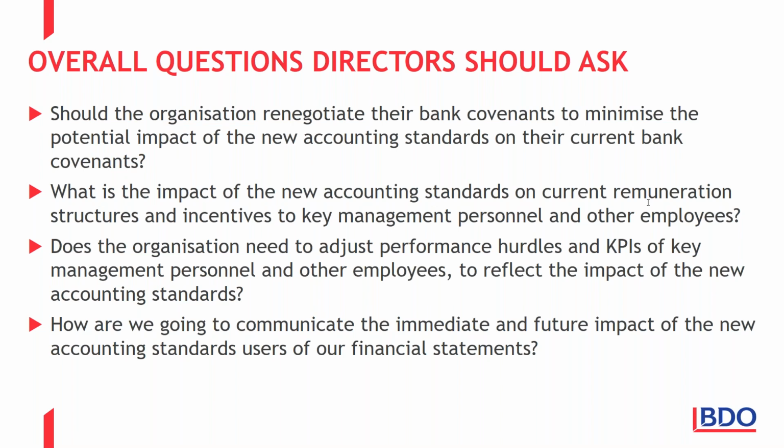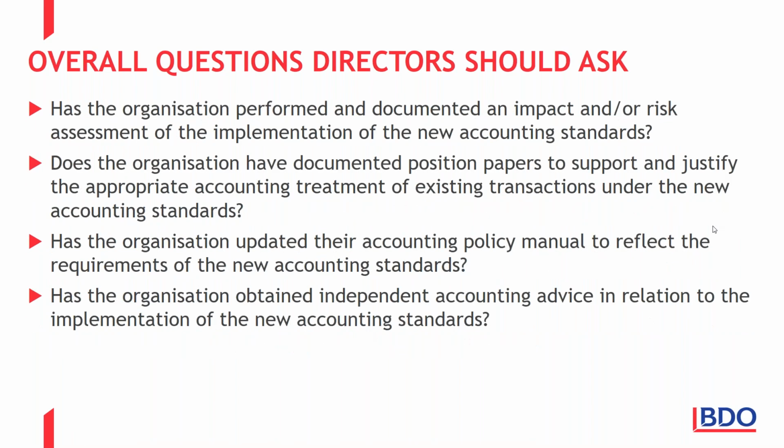Moving along to the next slide, the one I wanted to speak about on this one here was really just making sure that you've documented in your position papers your policy choices, your judgment calls, and you've updated your accounting policy manuals to reflect the decisions that you've made before you actually then go and implement transition. And this kind of linked back to the first point I made.